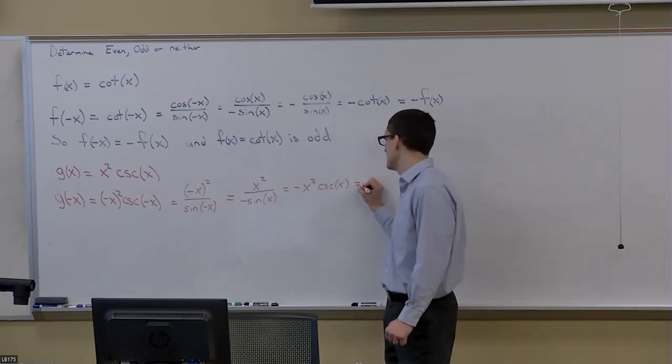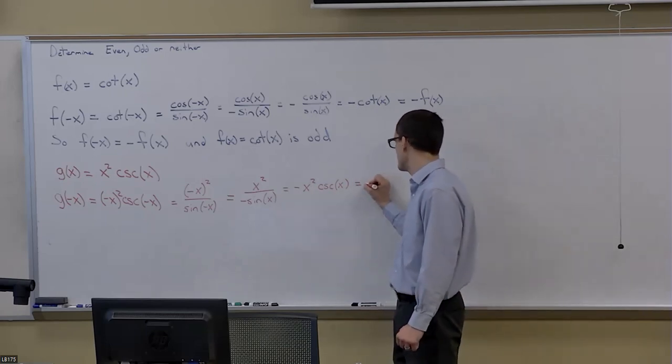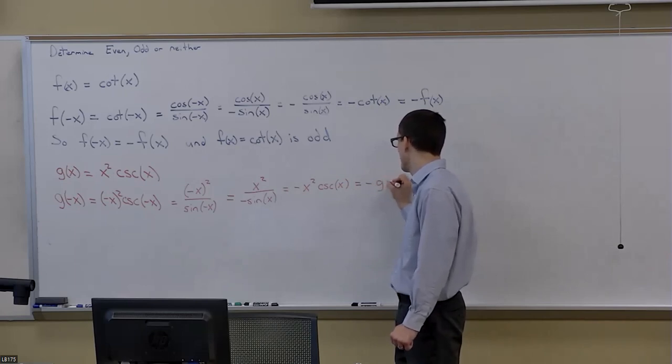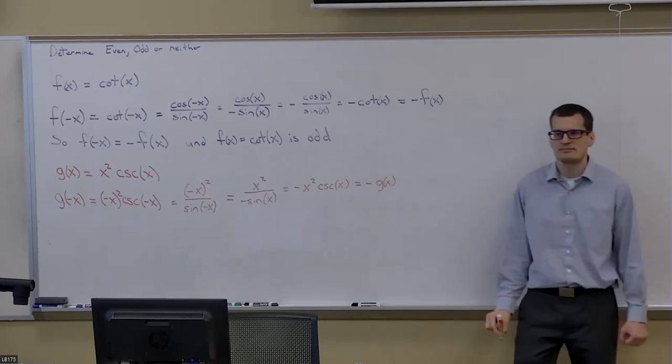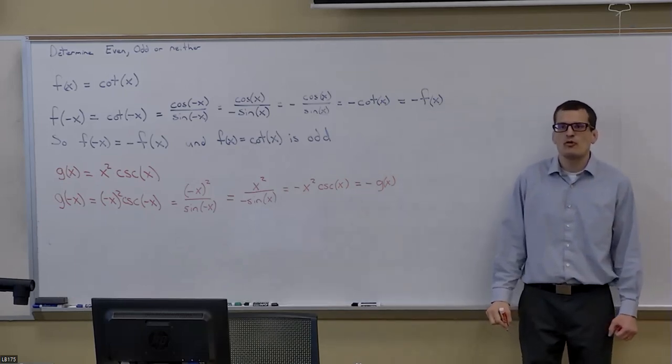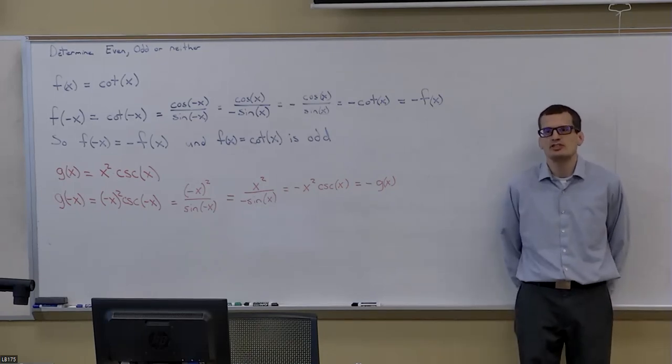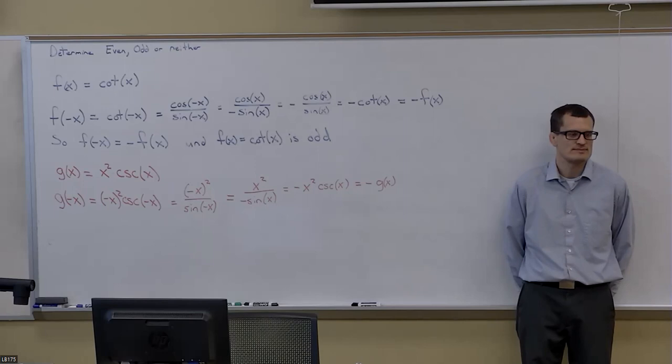Notice that's negative of what I started with. So that means this function, x squared times cosecant of x, is also odd.